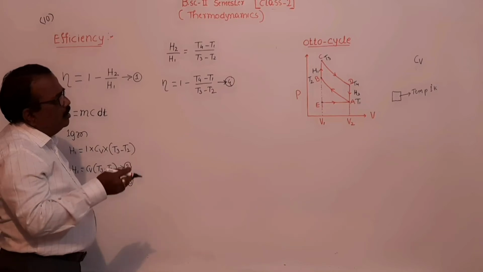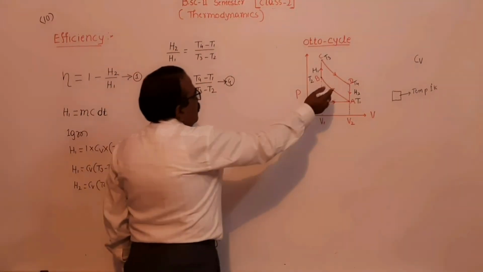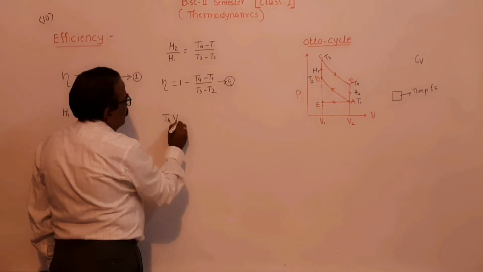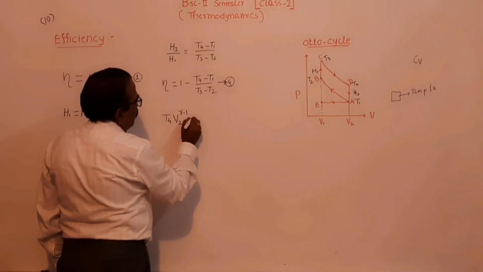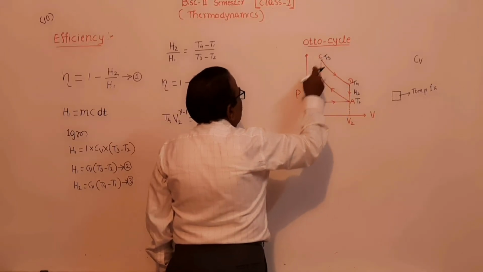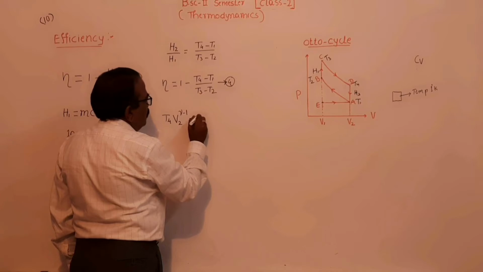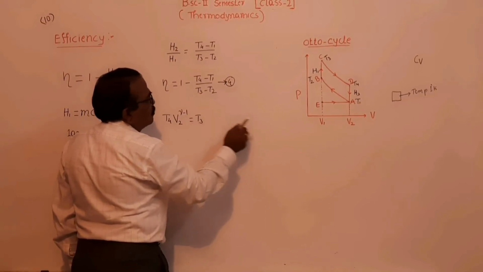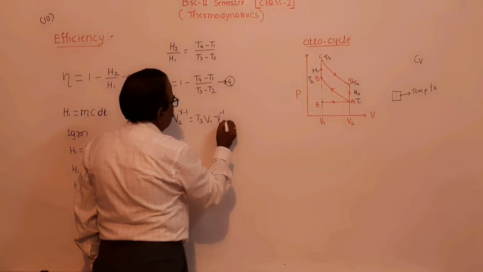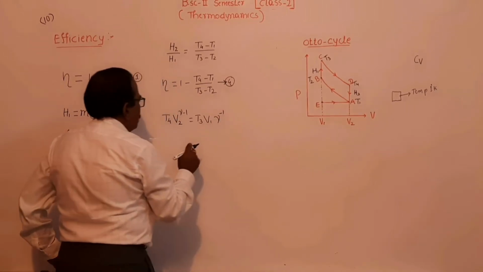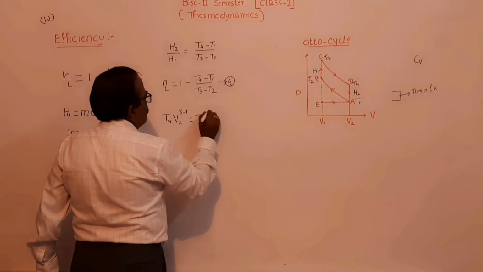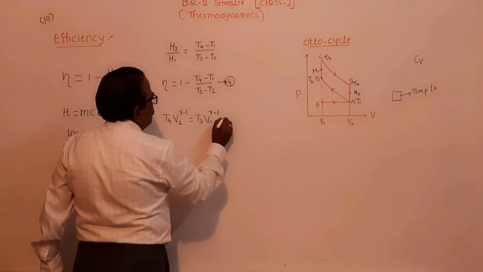Then, since C and D lie on the same adiabatic, you should know some relation: T4 V2 to the power nu minus 1 is equal to, at C, T3 V1 to the power nu minus 1. Call this equation 5.